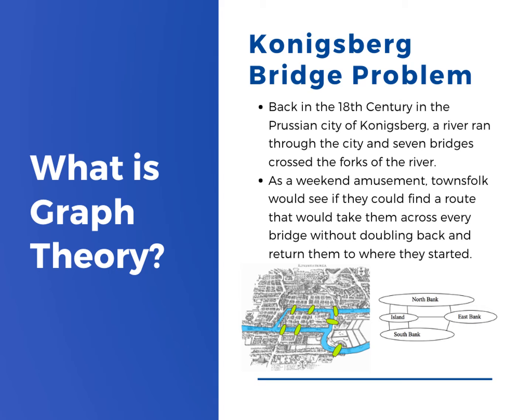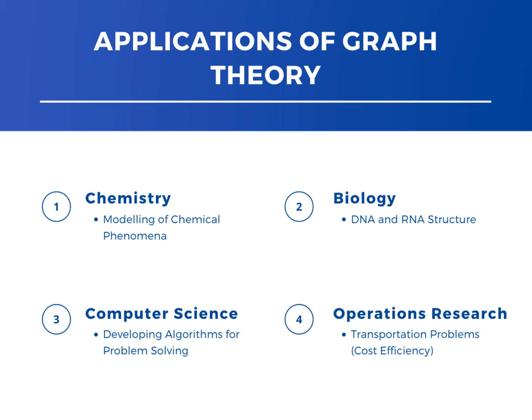What used to be a theory to answer recreational math problems now has played a significant role in our daily lives. Here are some of the fields where graph theory can be applied. First, we have chemistry, where graph theory is used in modeling chemical phenomena. Second, we have genetics under the field of biology, DNA and RNA structure.